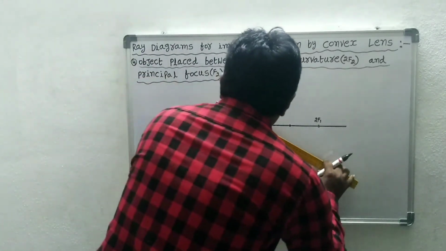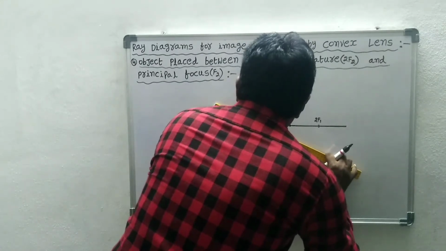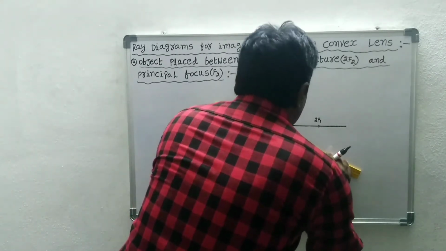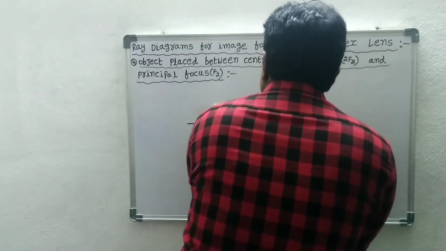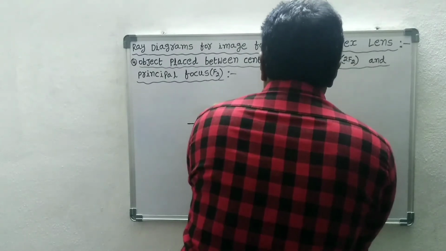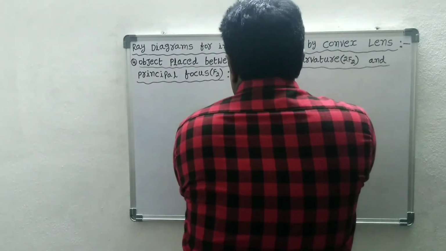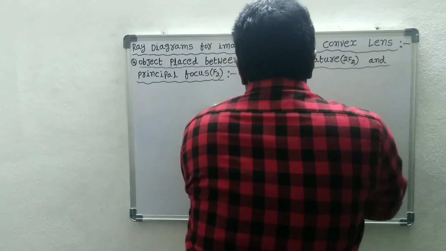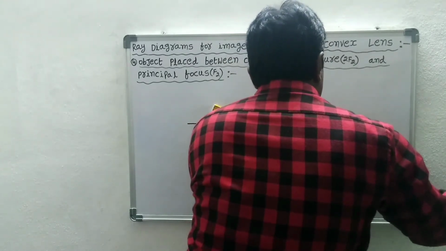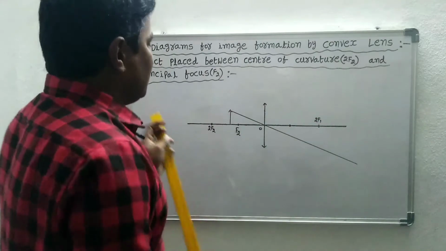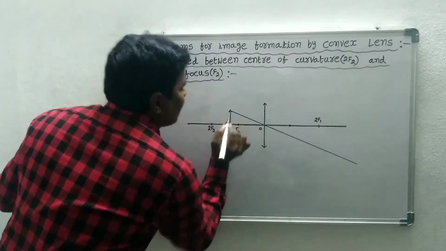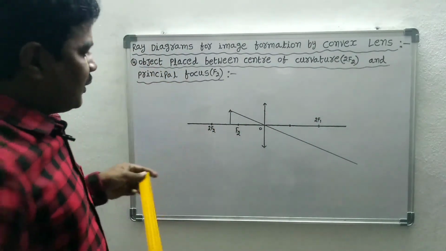The light ray passing through the optic center is not deviated. It goes straight. Like this, the light ray passing through the optic center.